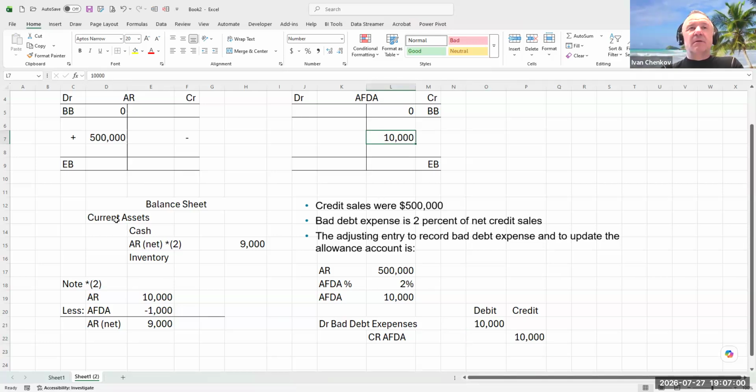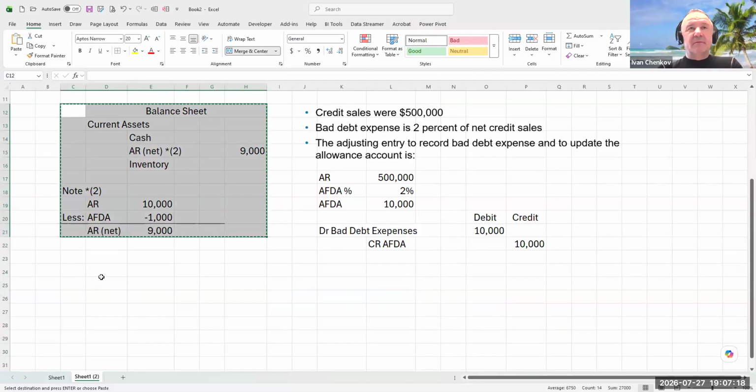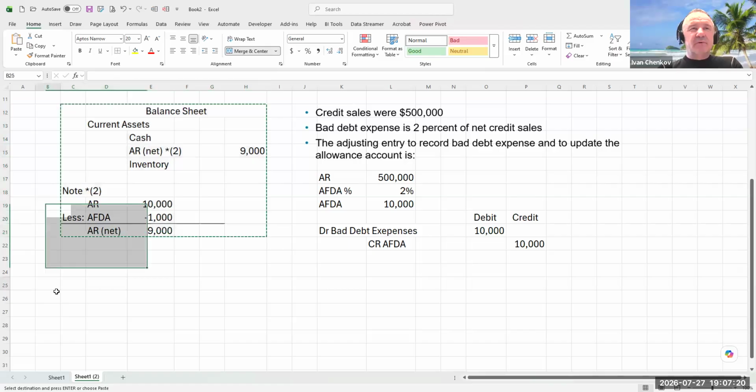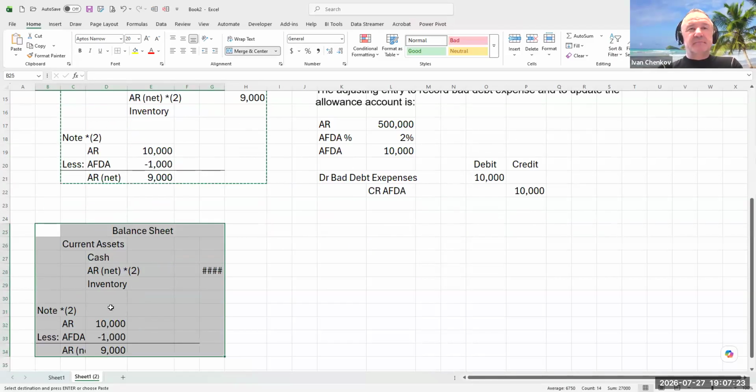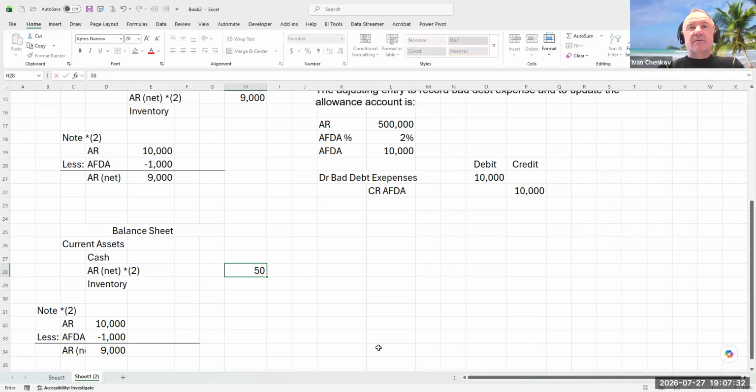What's going to happen with the balance sheet presentation? On the balance sheet presentation, before, so watch this, this is important, I want you to understand this. Before we do this journal entry, we're going to have accounts receivable 500,000.